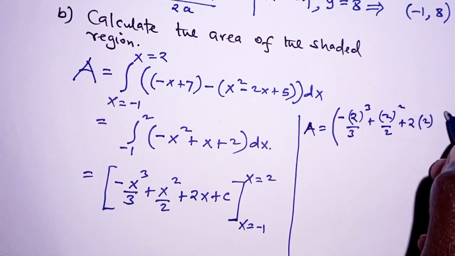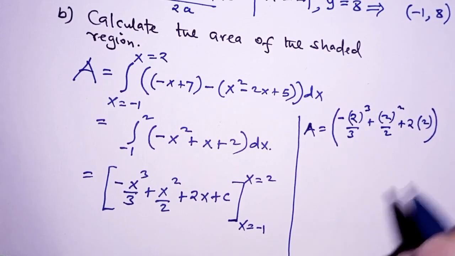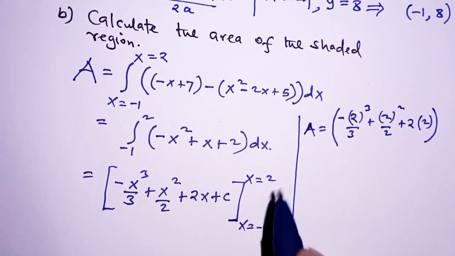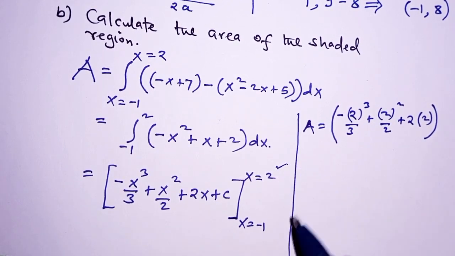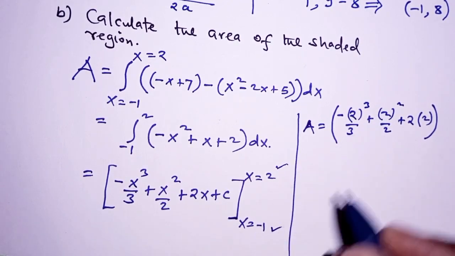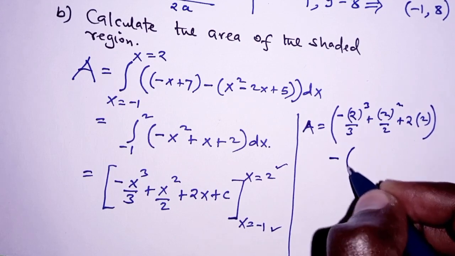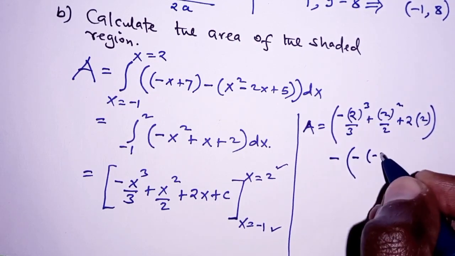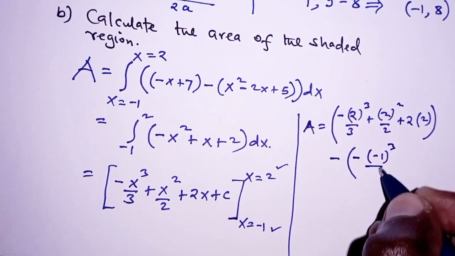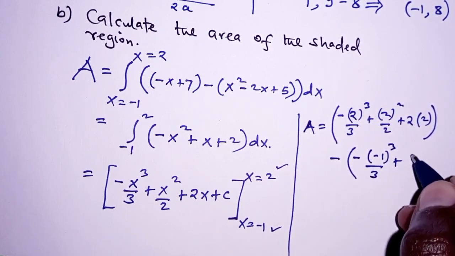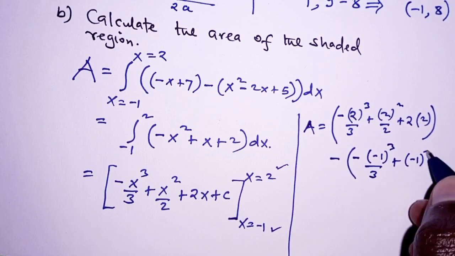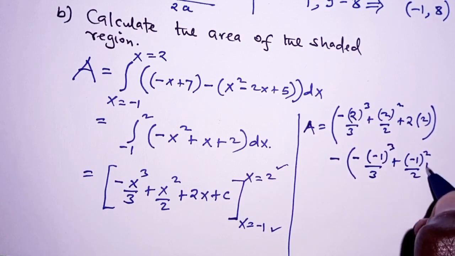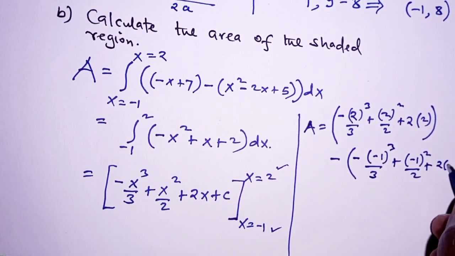We'll just ignore c because at the end of the day it will still disappear. And then once we've substituted the upper limit, we are going to substitute the lower limit. So minus the lower limit, we have negative 1 cubed all over 3 plus negative 1 squared over 2 plus 2 into negative 1.